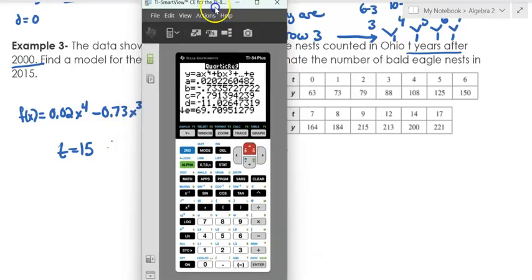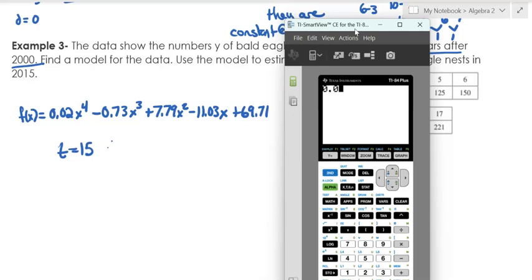All right, so if I did that, I would have 0.02 times 15 to the 4th, minus 0.73 times 15 to the third, plus 7.79 times 15 squared, minus 11.03 times 15, plus 69.71.